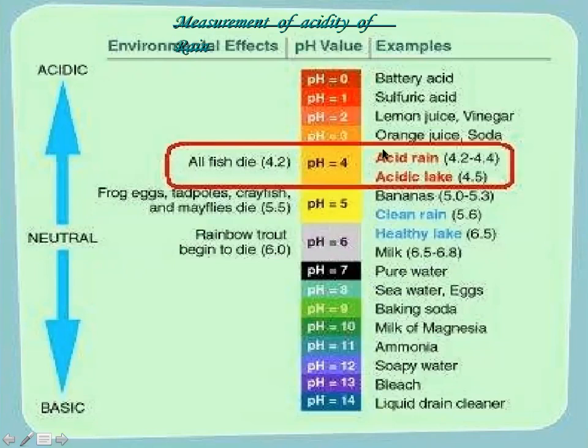So the acidic rain may range from 4.2 to 4.4. This is with reference to the environmental values which have been set up by the NEQS or EPDA department of the government.